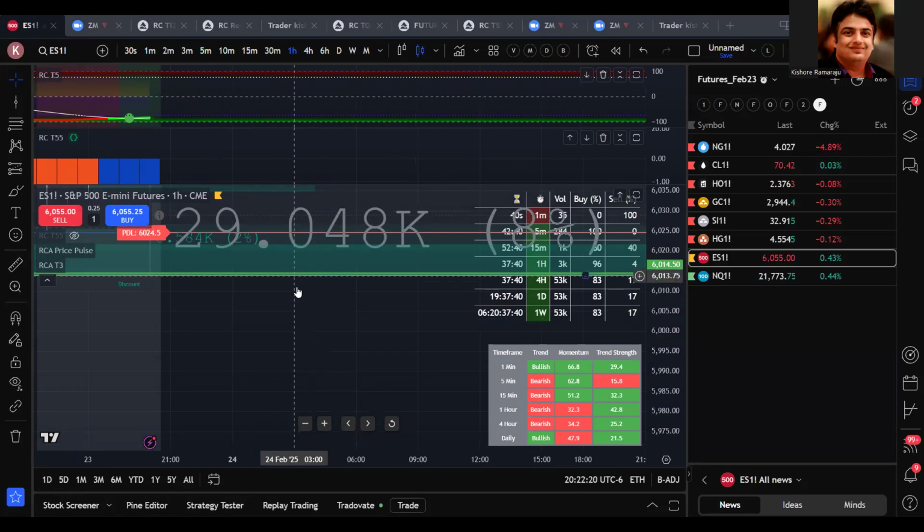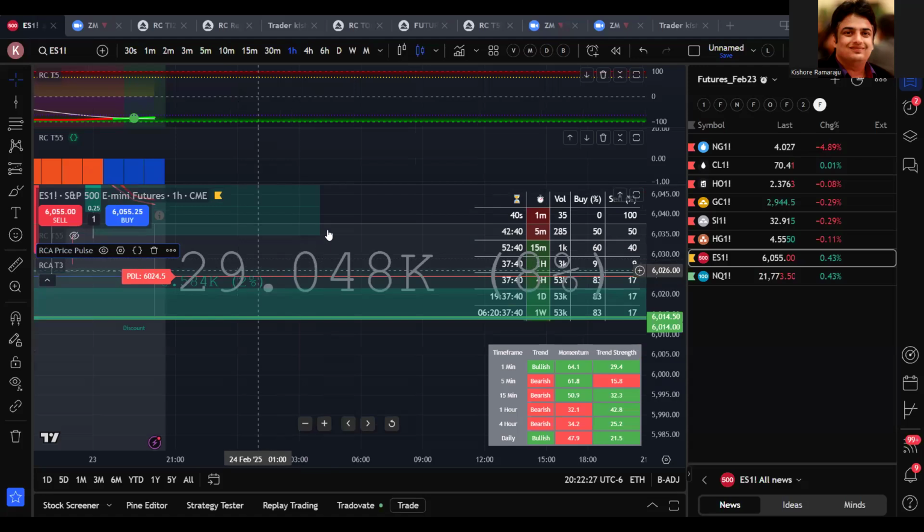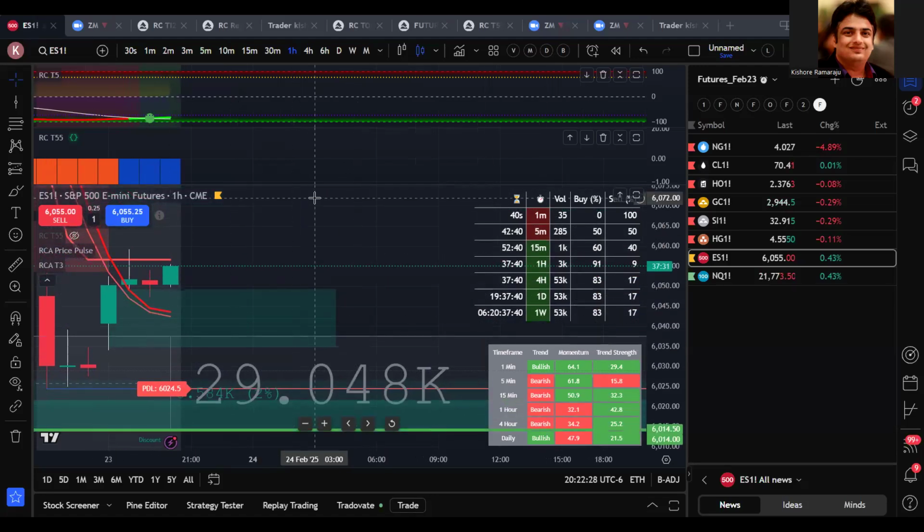If it goes below this price, we are ready to buy from them at this price. So if ES stays above this price by tomorrow morning, we'll make huge profits. So for example, I took some 100 contracts because that is a very perfect setup. Already in the last 1 hour, that made nearly $4,000.